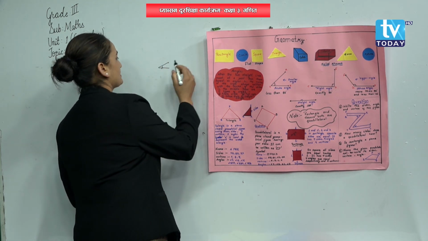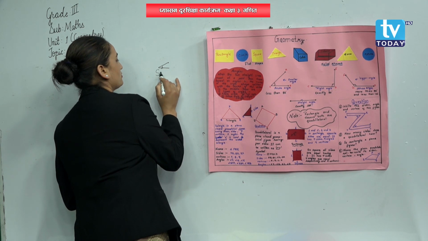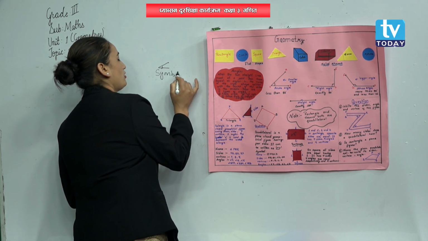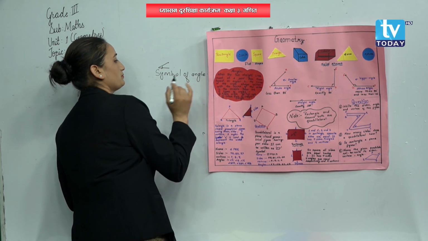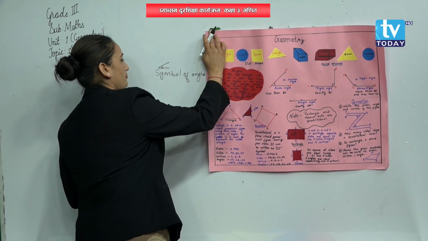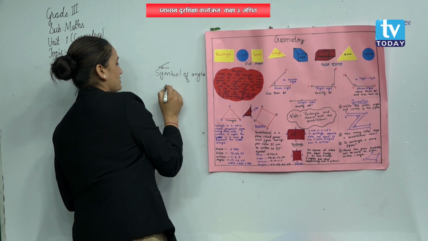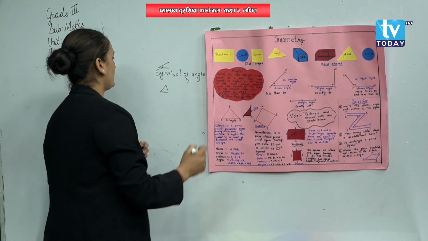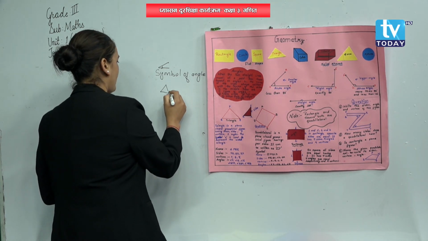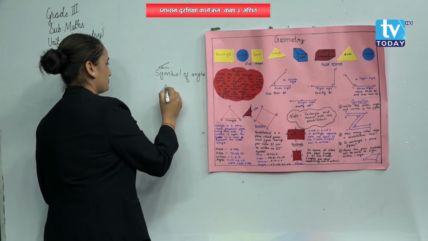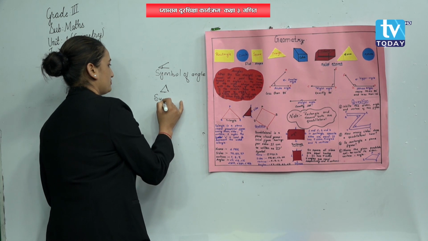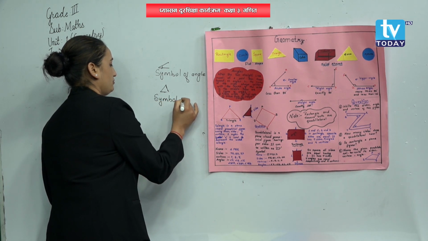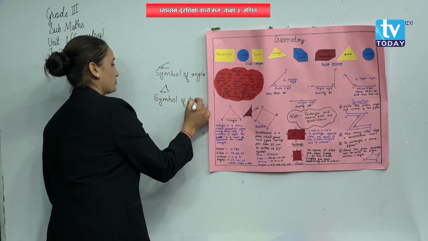This is the symbol of angle. Please note it in your notebook. Now next one is the symbol of a triangle. See here, it's the symbol of a triangle.